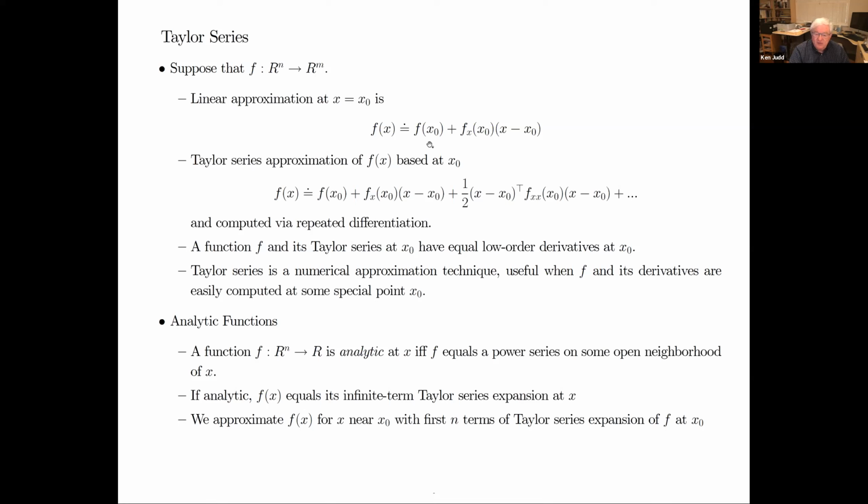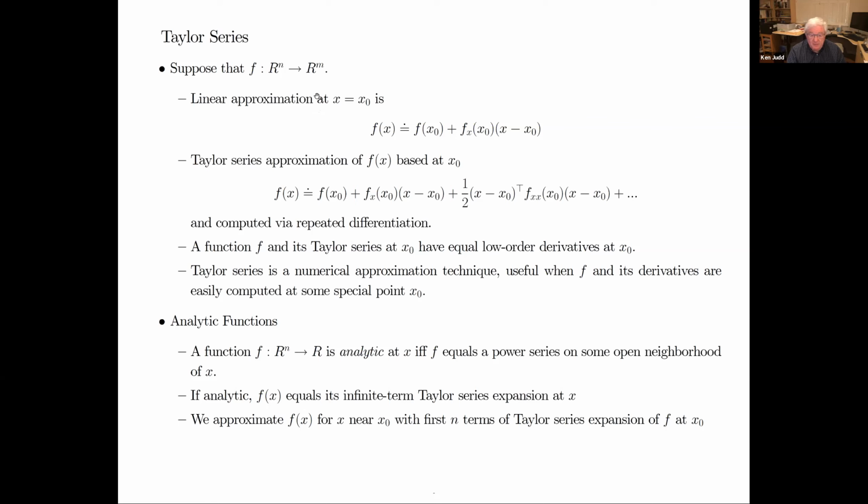You have the value of the function at x naught, plus the gradient of f in the x variable times the difference between x and x naught. That's a linear approximation. And this is a quadratic approximation.